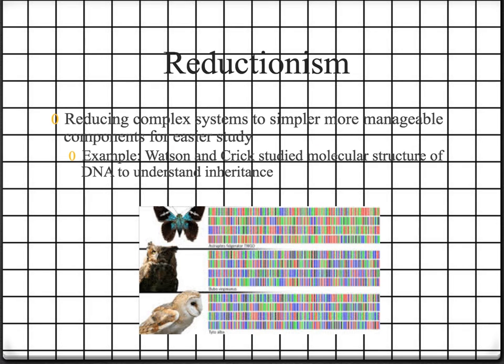So when we take a look at all of those systems and all of those different levels of organization, we can apply basically 2 different ideas to look at that. The first idea is going to be called reductionism. And that means that we take a complex system and reduce it to more manageable components.